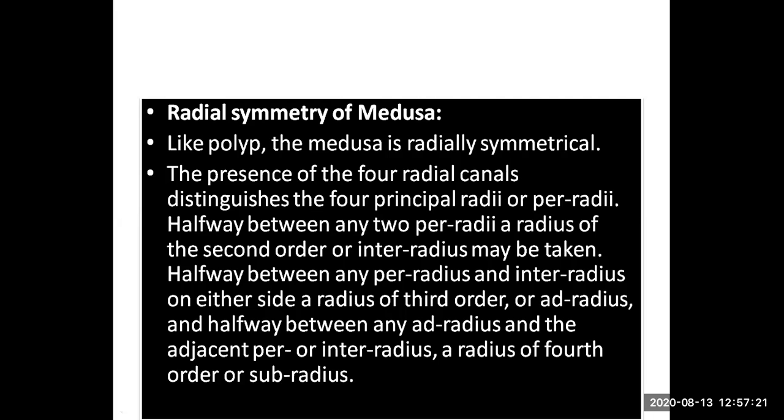The presence of four radial canals distinguishes the four principal radii: the perradii, and halfway between any two perradii, a radius of the second order, or interradius. Halfway between any perradius and interradius on either side is the radius of the third order, the adradius. Halfway between any adradius and the adjacent interradius is a radius of the fourth order, the subradius.